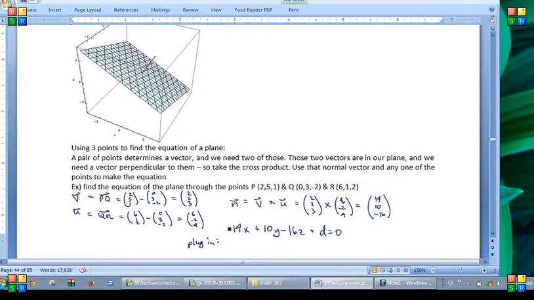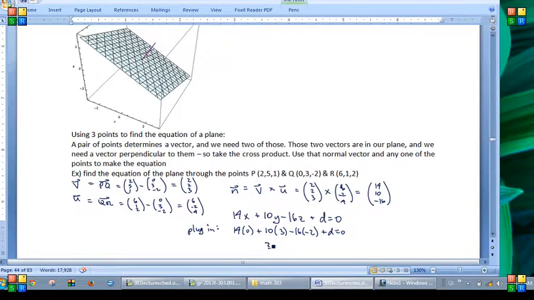Okay. So let's see, I'll use one with 0 in it because that'll be easiest. So 14 times 0 plus, keep it consistent, plus 10 times 3 minus 16 times negative 2, plus d equals 0.